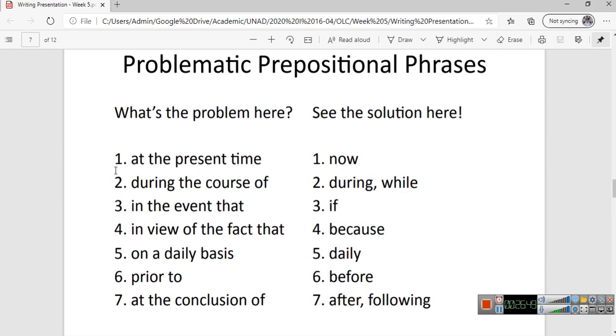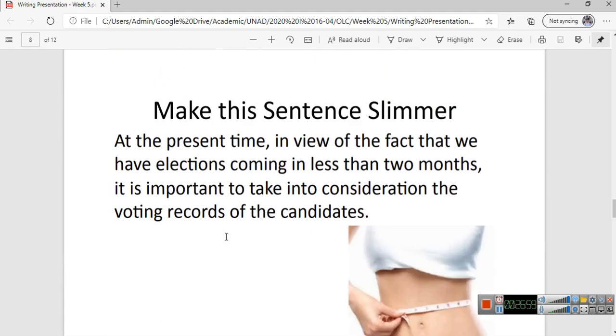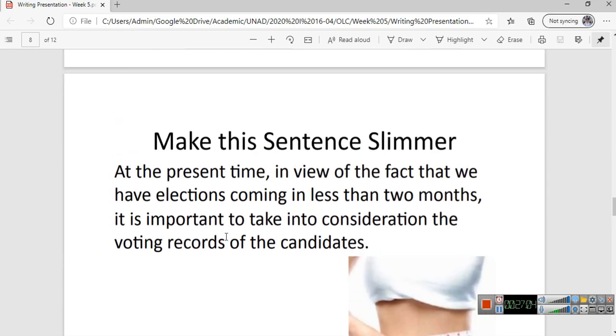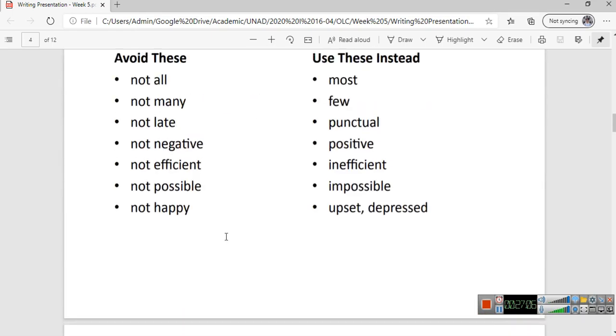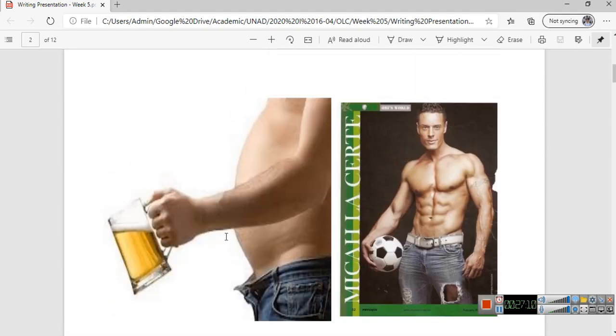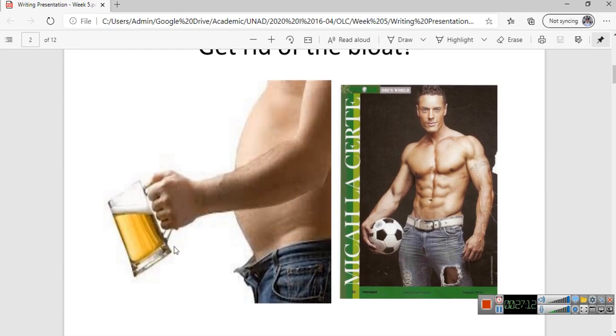And so the invitation is to keep using as few words as you can. And that's it. Now, at the beginning of this presentation, we were talking about bloated wording and slim wording.